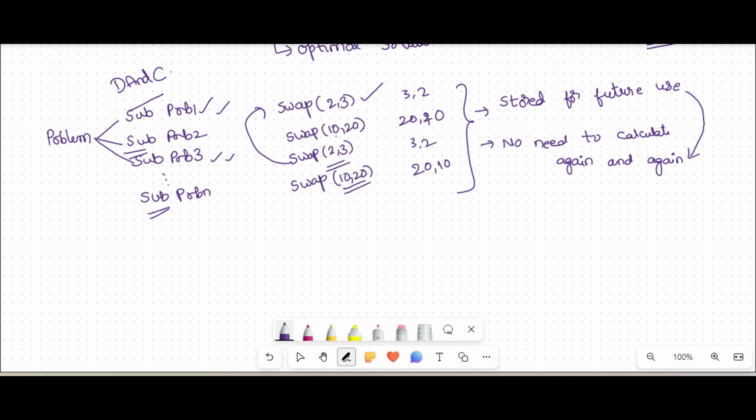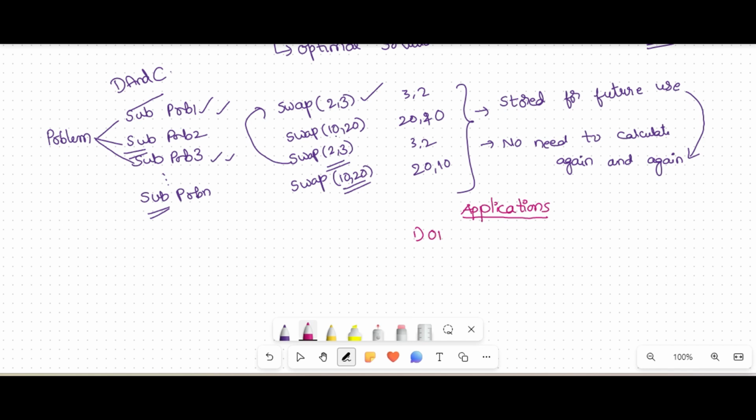In the next videos, we are going to discuss the applications where dynamic programming is used. The applications we are going to discuss are: one, optimal binary search tree, called OBST.